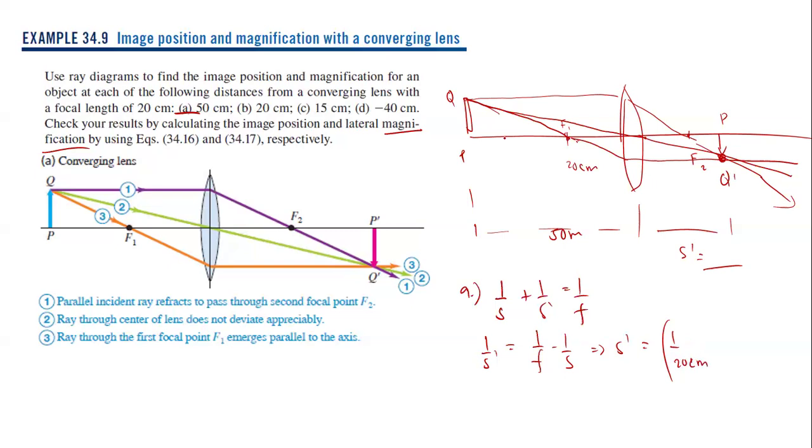So s prime is equal to the inverse of 1 over the focus, which is 20 centimeters, positive because this is a converging lens, minus 1 over the position, which is 50, all to the power of negative 1.